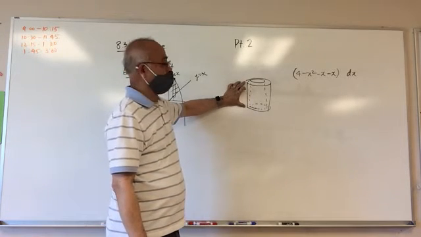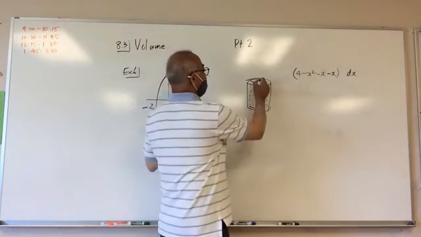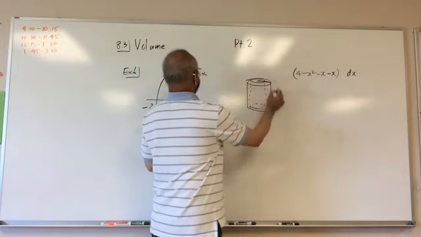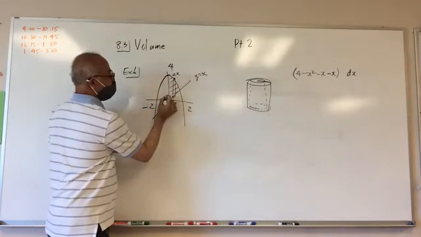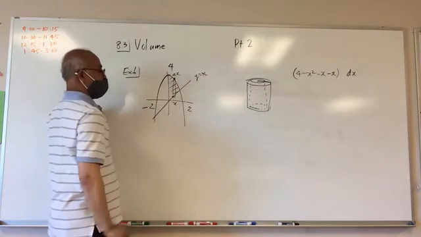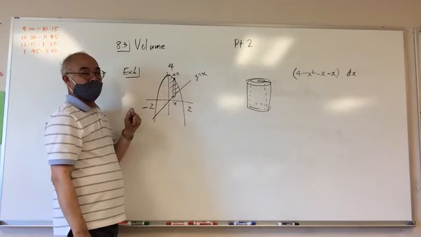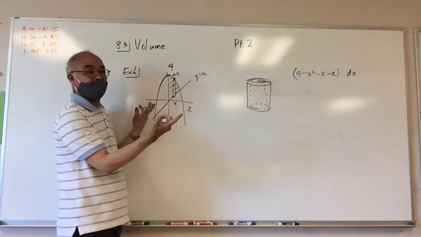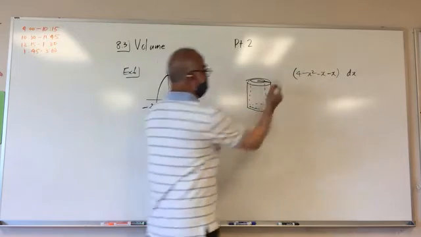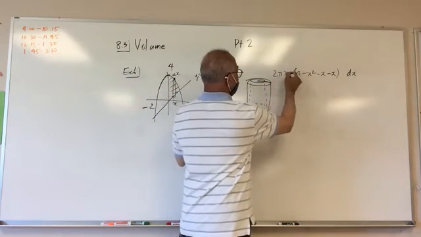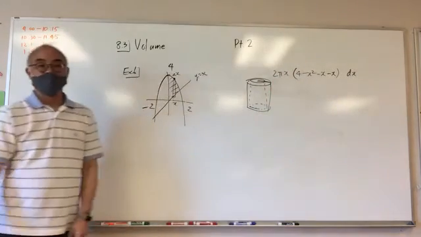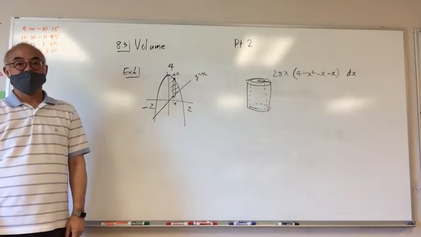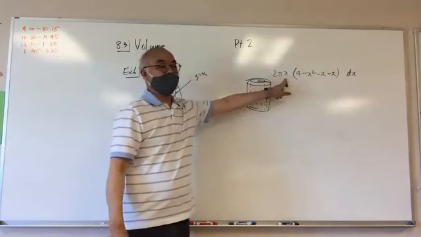Now I have to find the radius from here to here. What's my distance from here to here? Just x, right? So it's 2 pi x, the circumference, because the radius was x.